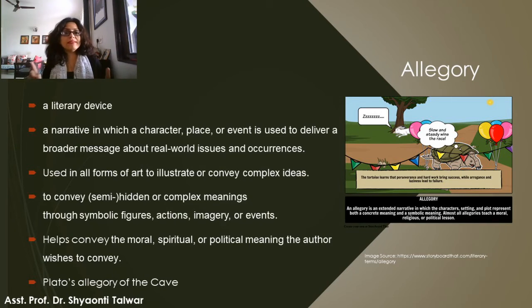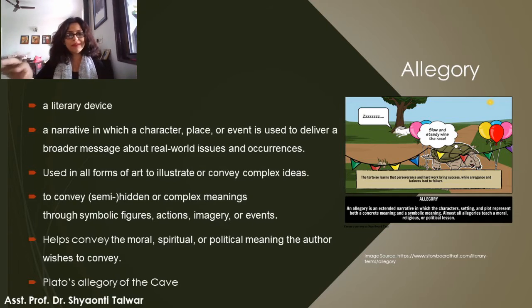So the characters in an allegory should not be looked at as characters, instead, they should be looked at as symbols, symbolic figures, right? And their actions and the imagery which the characters invoke or the events they are a part of, they also should be understood in a symbolic sense.